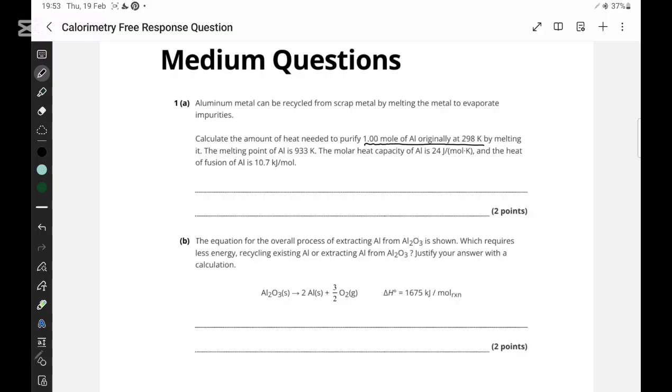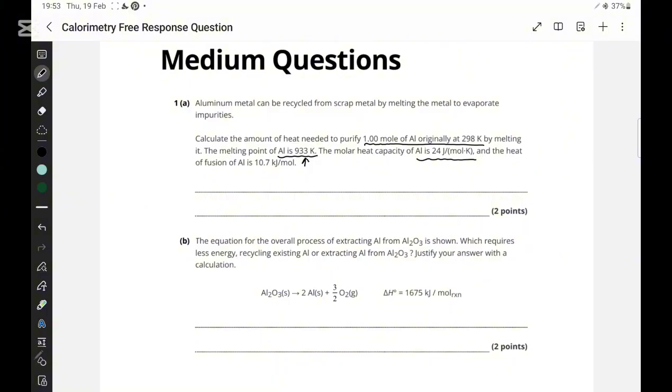The melting point of aluminium is this much, its molar heat capacity is 24 joules per mole per Kelvin, and the heat of fusion is 10.7 kilojoules per mole. To calculate it, we first need to calculate the amount of heat needed to raise the temperature of aluminium to 933 Kelvin.